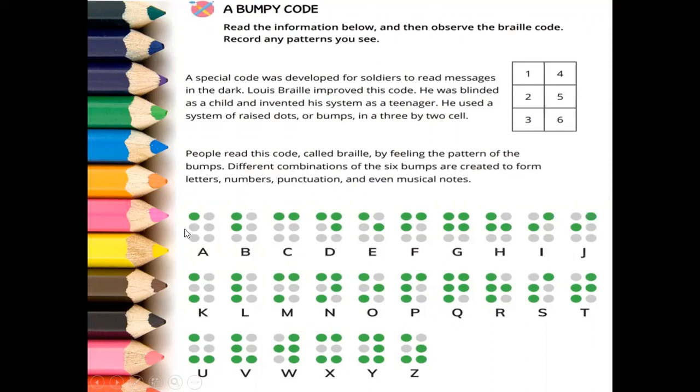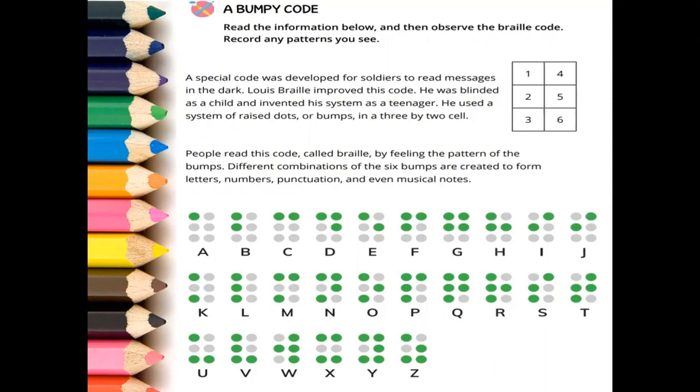As we see here, each letter in the alphabet is represented by special colored dots. These dots or bumps create the letter. So we can translate these dots into letters, as we will practice later.